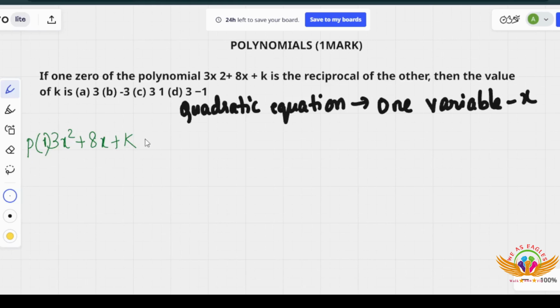Generally, a quadratic equation will be in the form of ax square plus bx plus c, where a, b, c are the coefficients of the variable x.